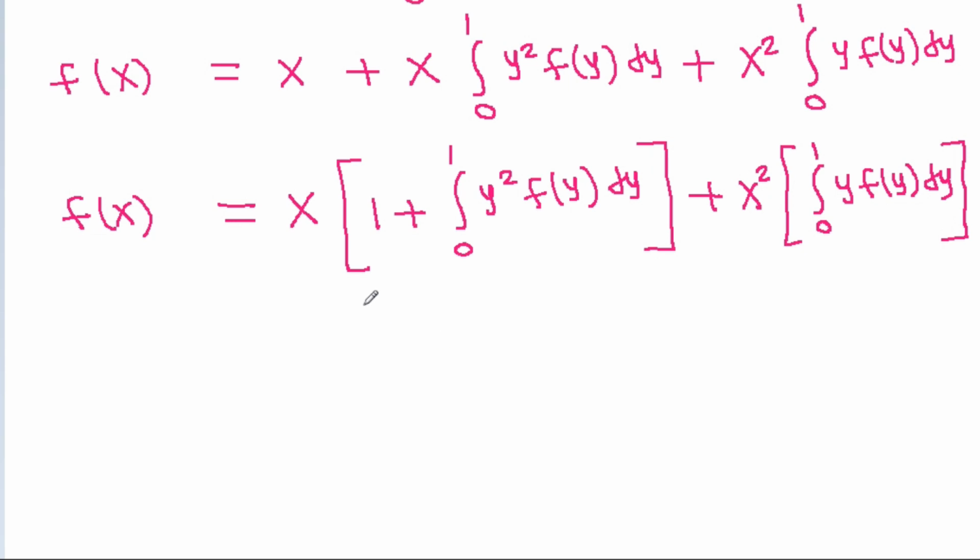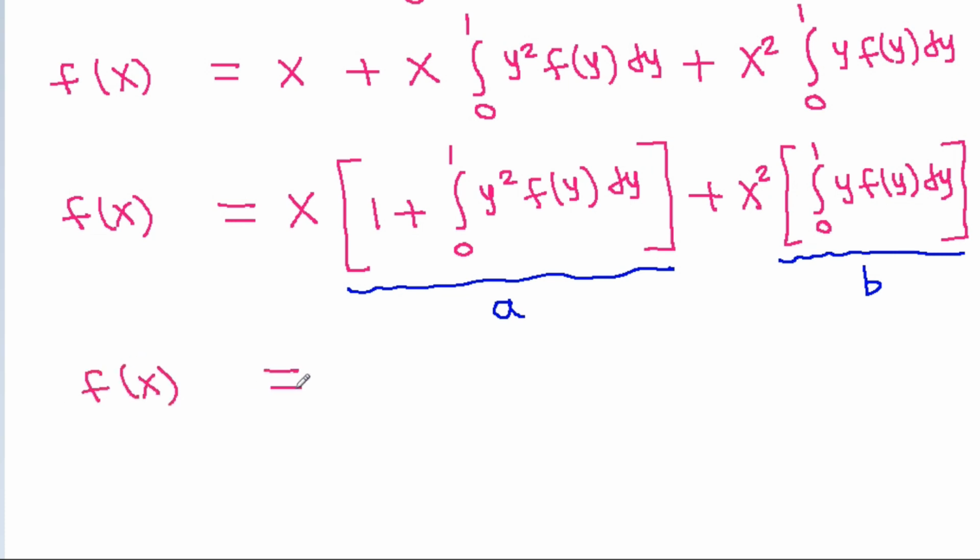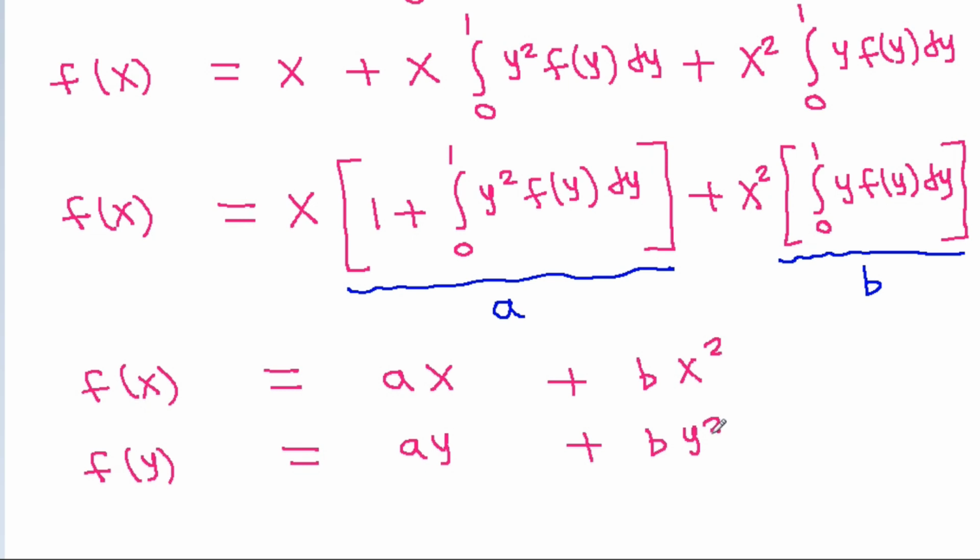If we take this as a and this as b, then f(x) will be equal to a times x plus b times x square, and if we put y in place of x, then f(y) will be equal to ay plus b y square.